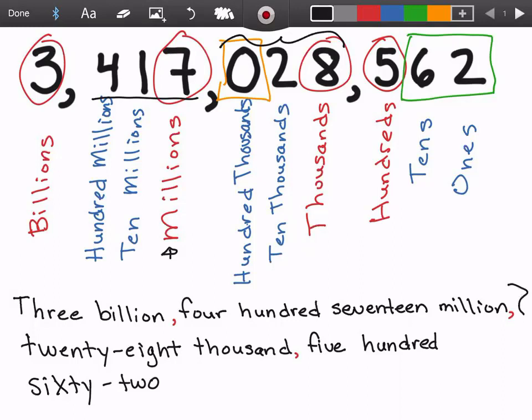All right, if we can go forward, which I think is harder, we can definitely go backwards. We can take a number that's written out in word form and put it in the symbolic number form. So let's try that.